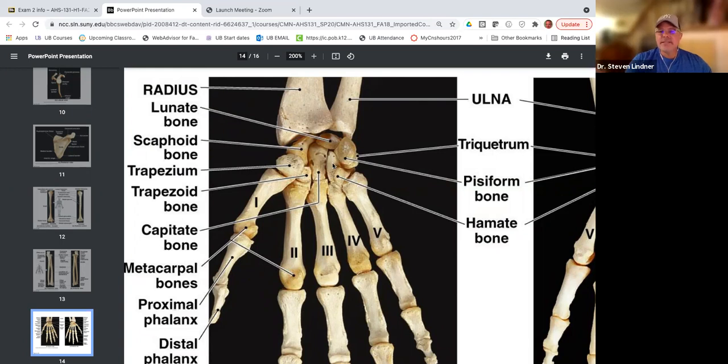Okay. There's a little silly mnemonic to remember these. I'm going to have you look that one up. There are some silly mnemonics. I just remember some lovers. So if you want to Google silly ways of remembering the names of the 8 carpal bones, I don't want to say it. Not that it's really inappropriate, but some people get a little bit more sensitive than others.